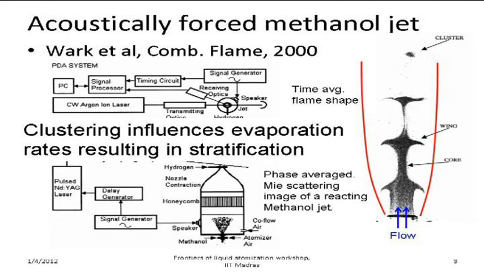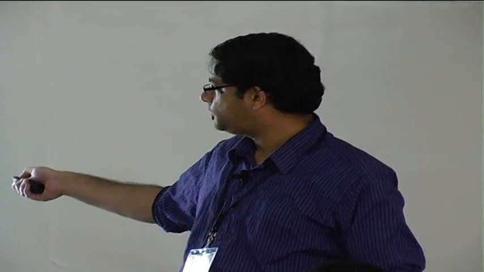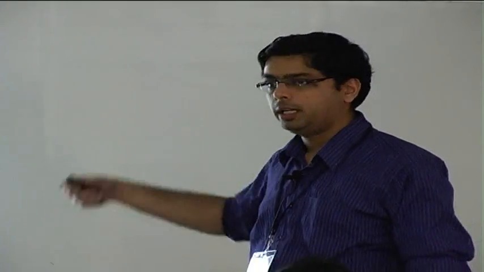And what you're seeing here is a picture of the spray as it comes out of this contraction at this point. And you see that because of forcing, you get these nice regular structures, which you don't see in the unforced spray.